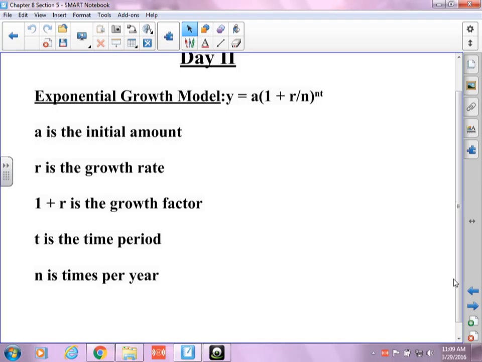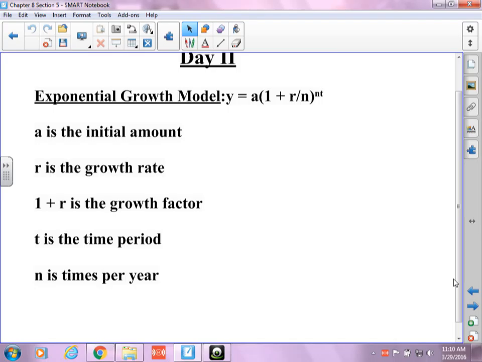Okay. What we're going to look at today is like a savings account is really what we're looking at. And there's different types of savings accounts depending upon what you want to do with the money. All right. The equation that we're working with is A(1 + r/n)^(nt).